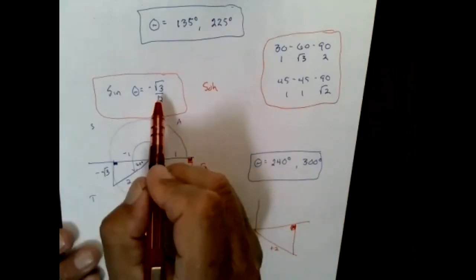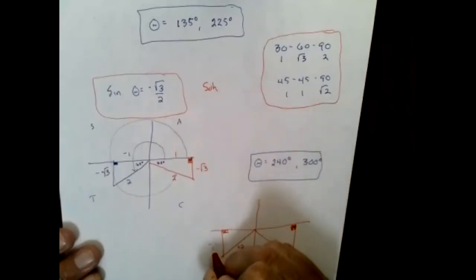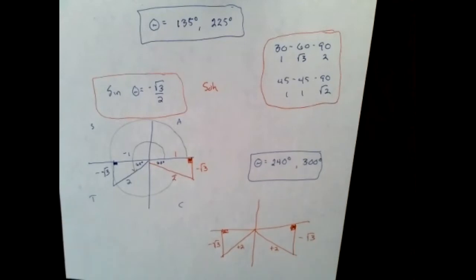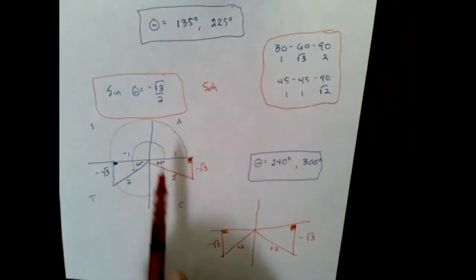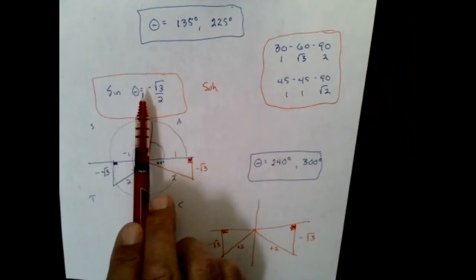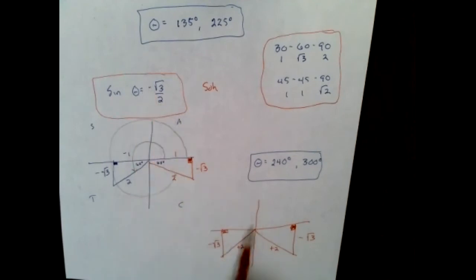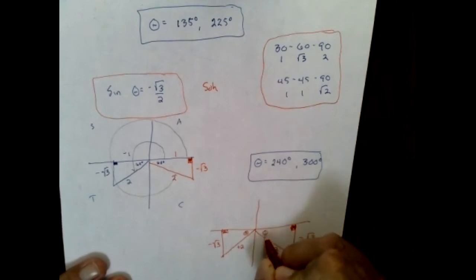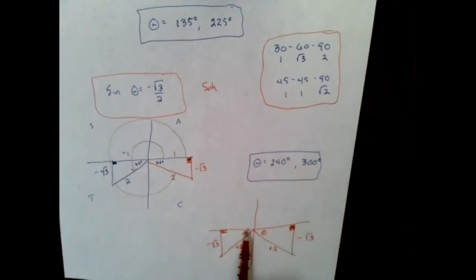So the only option left is my opposite had to be negative square root of 3. So I first found the quadrants because I noticed the sign was negative. Then by location, I know this is going to be one reference angle, and this is going to be the other reference angle. So in order to get the sign to be negative square root of 3 over 2, these both had to be negative square root of 3.